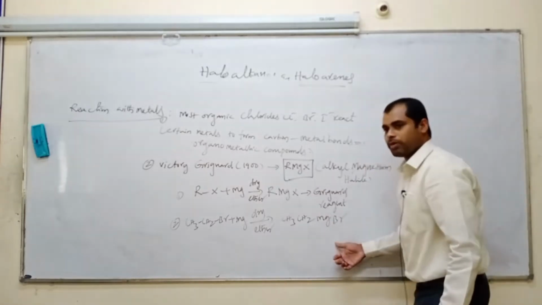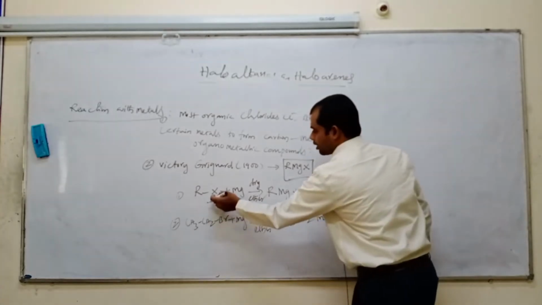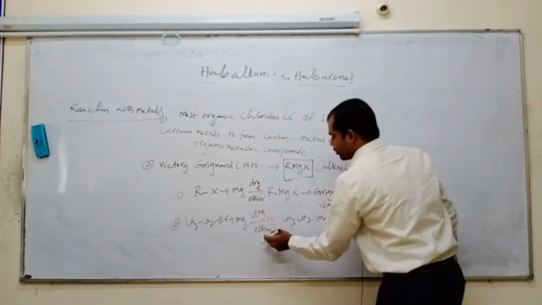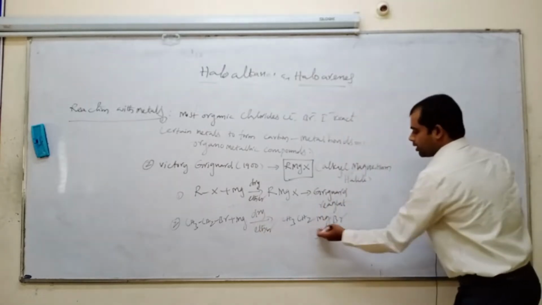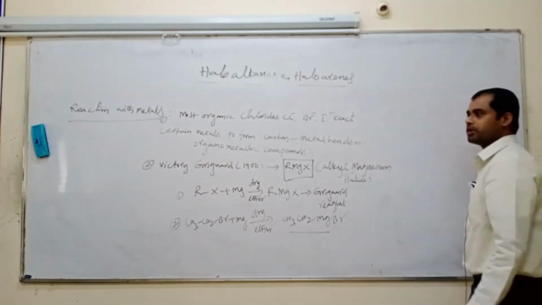Ethyl magnesium bromide is nothing but a Grignard reagent.